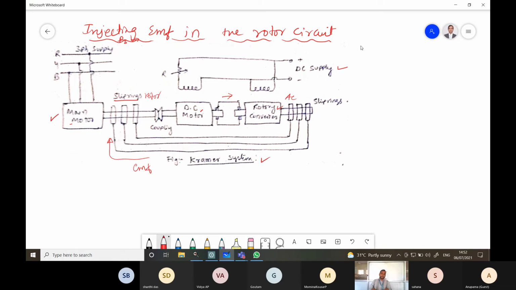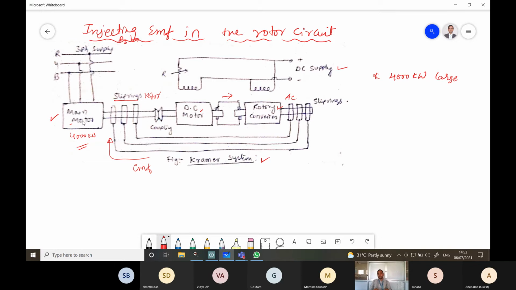This is used for a large motor, for example 4000 kilowatt. This method can be used for high rating machines because the circuit is very complicated. Only for a main motor of 4000 kilowatt do we require this type of arrangement for speed control.